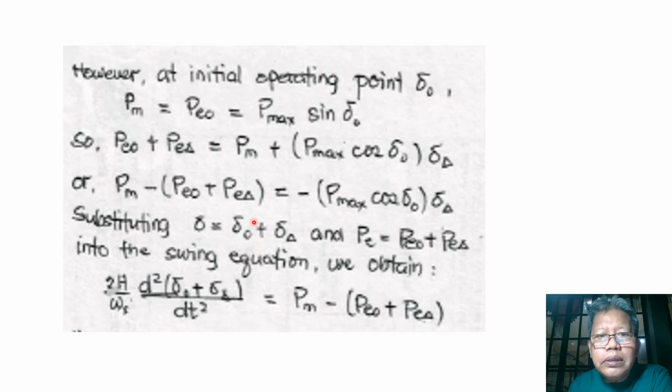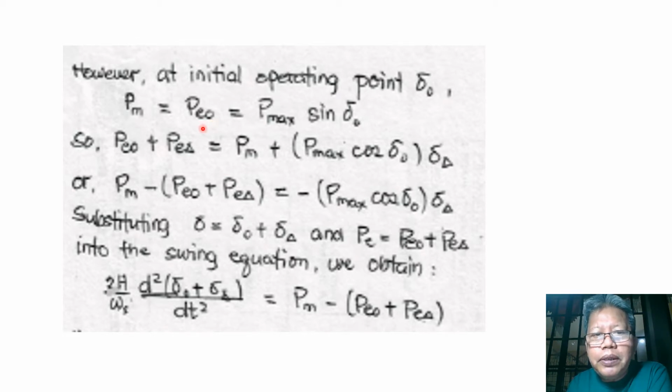Now, however, at initial operating point delta O, our PM is just equal to PEO. Meaning, the mechanical power input to our generator is just equal to the electrical power output of our generator, neglecting losses.